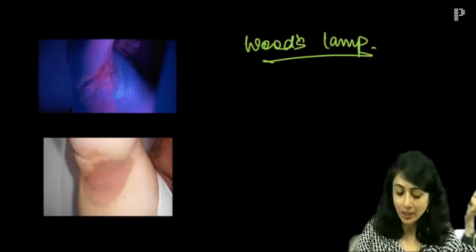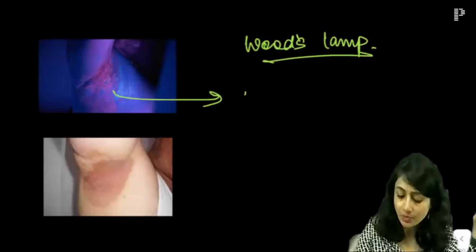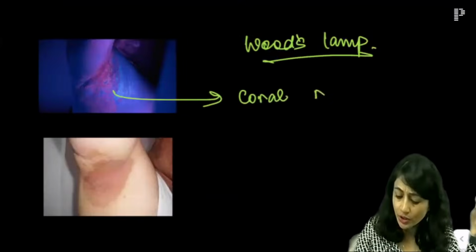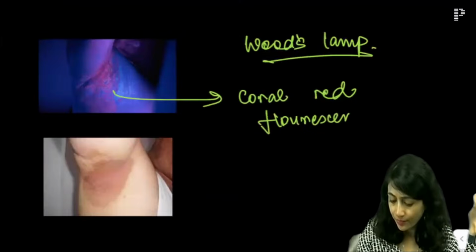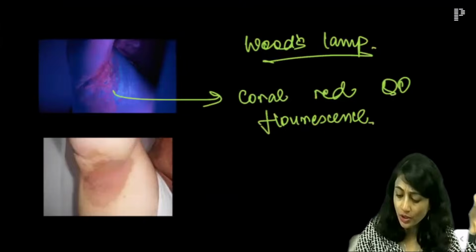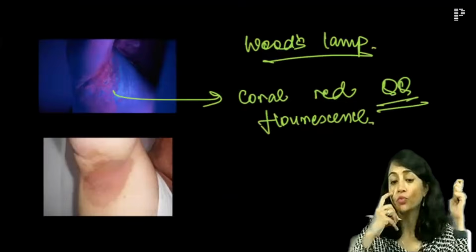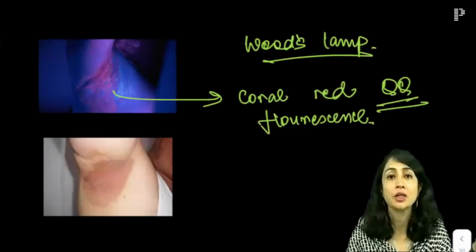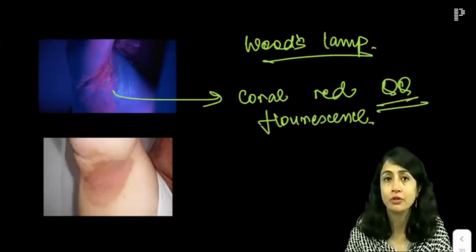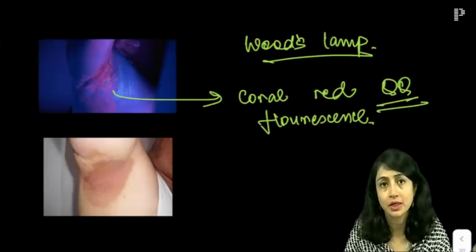When you do a Wood's lamp for Corynebacterial infection, especially erythrasma, you see this coral red fluorescence, and this is the most diagnostic test to differentiate erythrasma from other kinds of infections that can occur in this area.